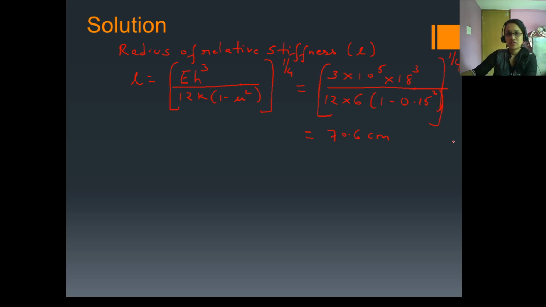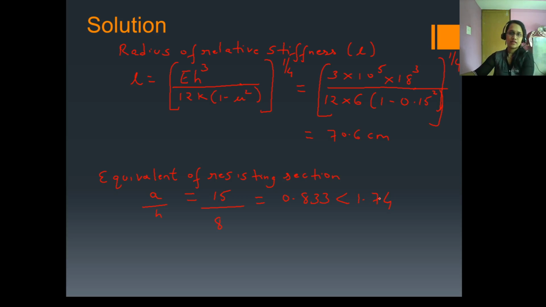Next, let us find the equivalent radius of the resisting section, which is given as a upon h. So a upon h equals 15 upon 18, which is 0.833, less than 1.74.